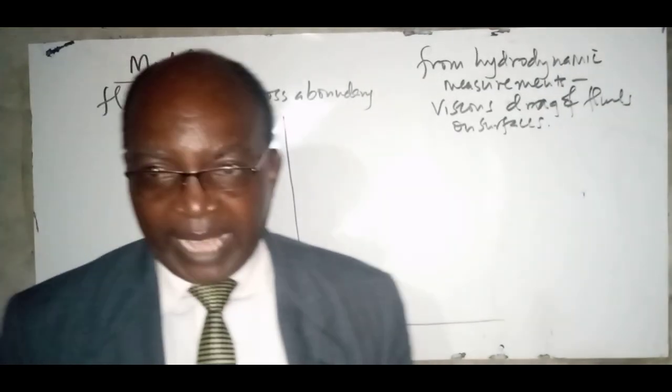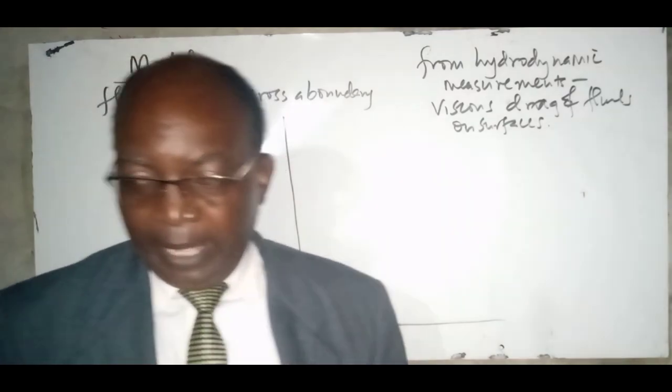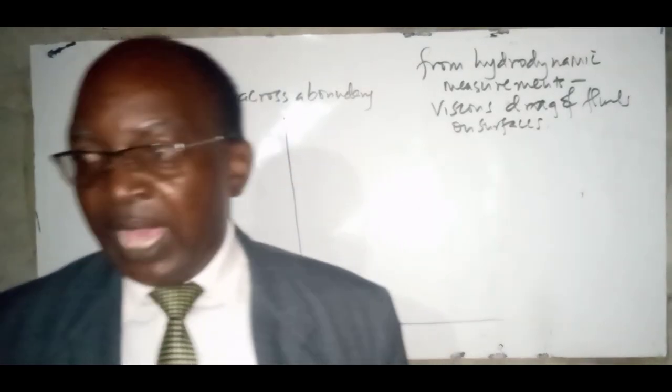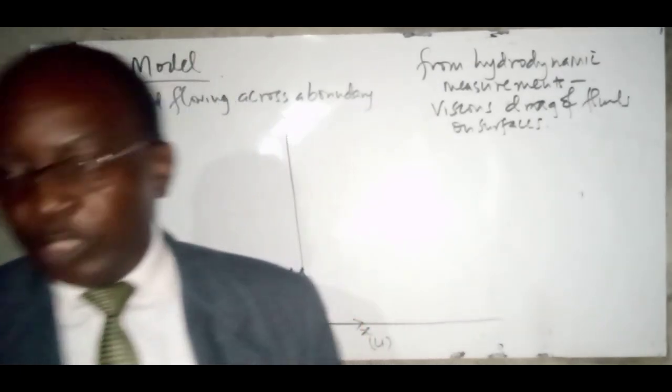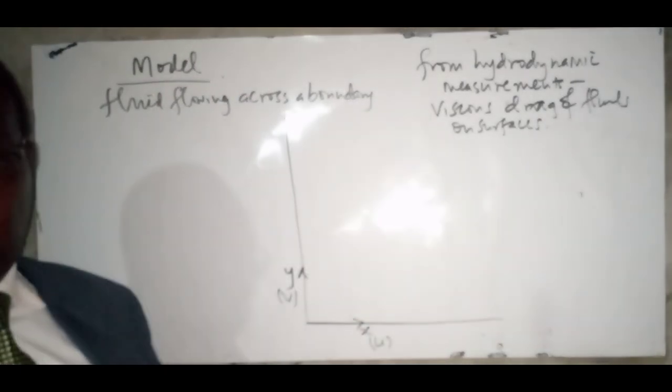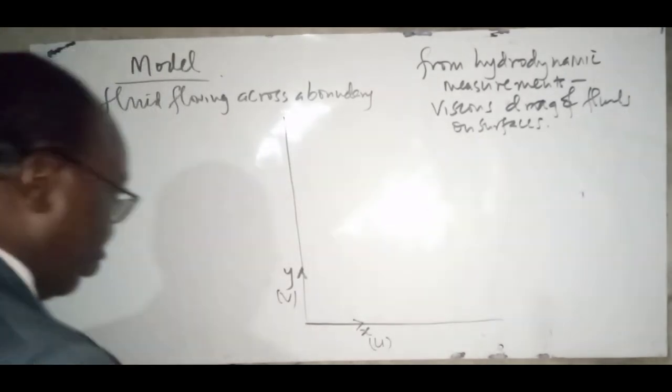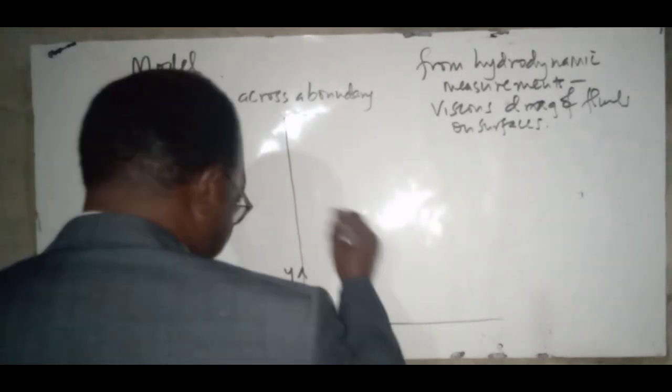We associated y with the velocity v, and x with the velocity u. So we resolve it into two components. In that resolution, don't forget, we said that the instantaneous velocity is the sum of the mean velocity and the velocity resulting from fluctuations in this turbulent region as a result of eddy motions.